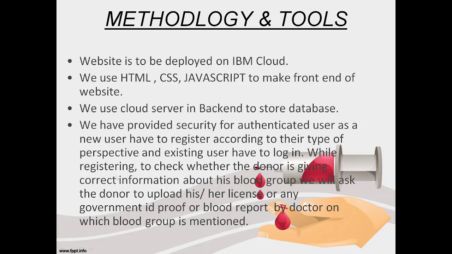While registering, to check whether the donor is giving correct information about his blood group, we will ask the donor to upload his or her license or any government ID proof or blood report by a doctor on which the blood group is mentioned.